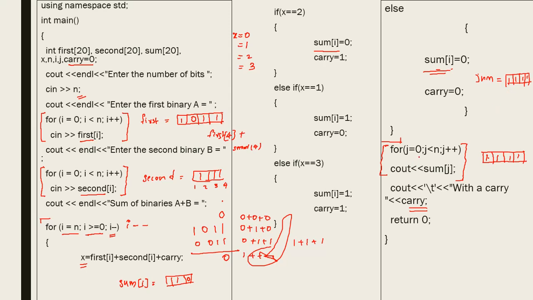Again this will run, and we will have j equal to 1. Now sum[1] will be printed, that is the second number. Again it will run, similarly it will print sum[2] and sum[3] digits respectively. Is that clear?